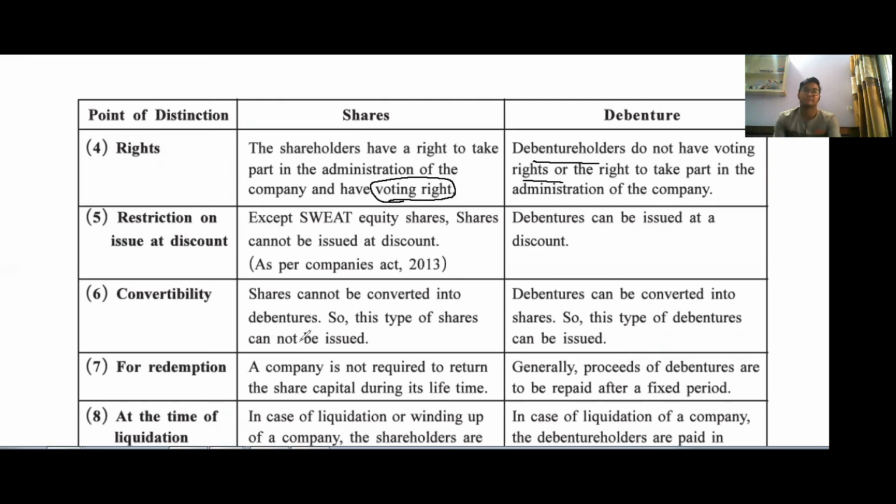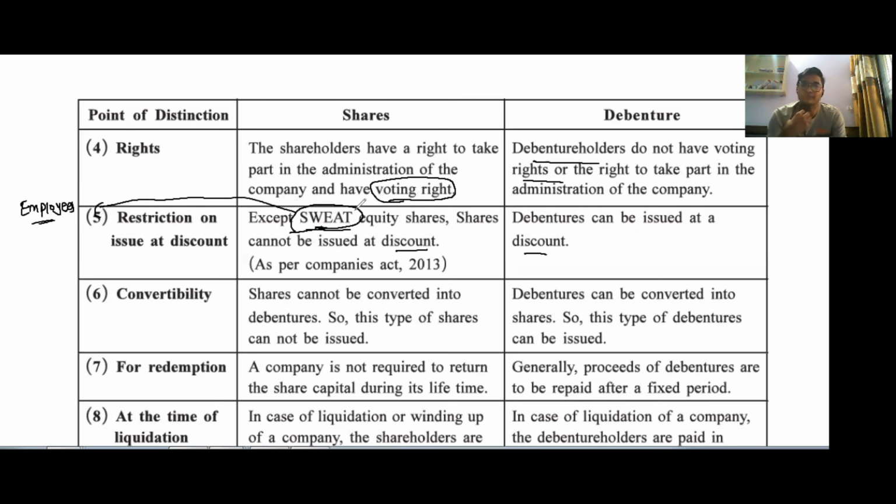Next, restriction on issue at discount. Except for SWAT, shares cannot be issued at a discount. Debentures can be issued at a discount. Now, what is SWAT? If shares are issued to existing shareholders, or shares are given to the employees, okay, so this is called SWAT, and equity shares cannot be issued at a discount except SWAT.